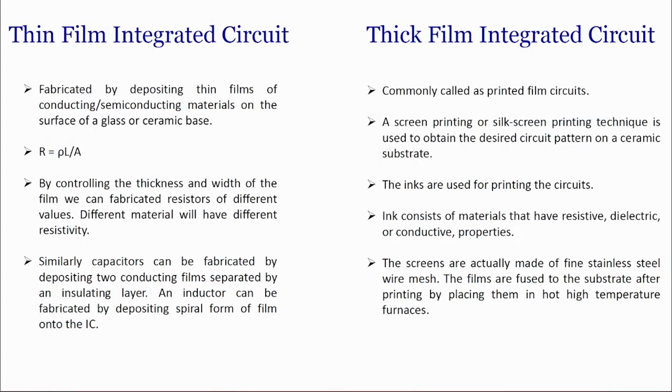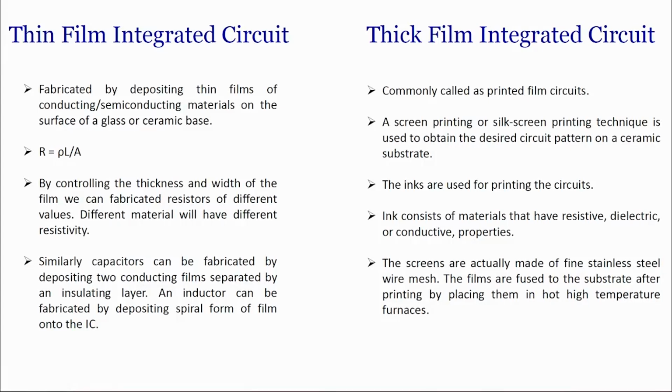Then what is the difference between thin and thick film technology? Using thin film technology, we can deposit conducting or semiconducting materials on the surface of a glass, ceramic base, or an oxidized silicon.